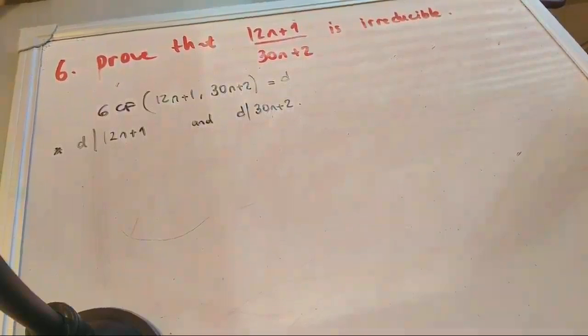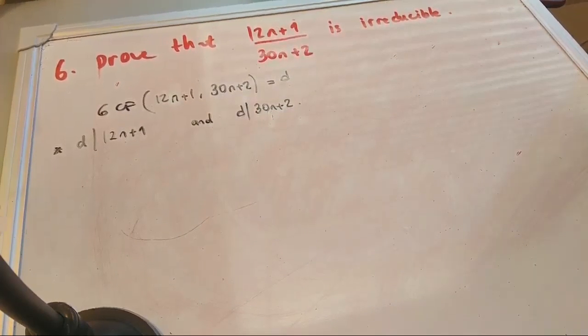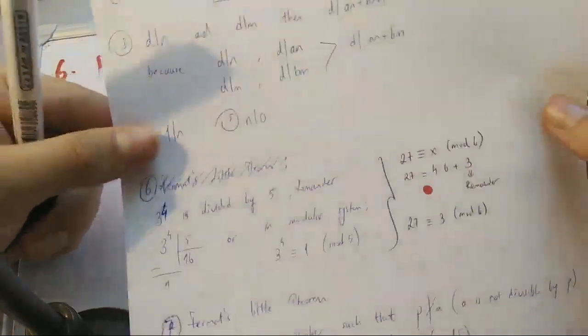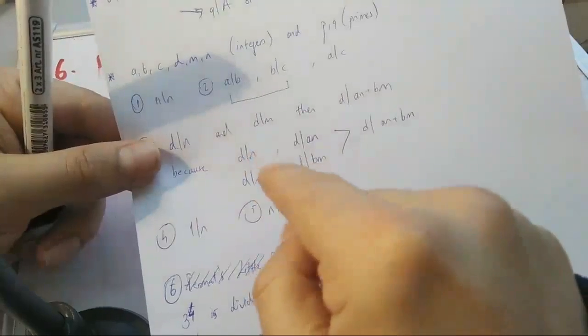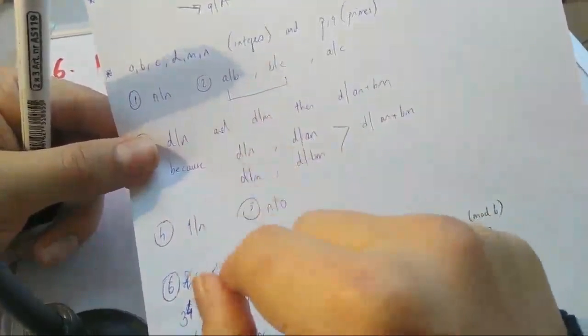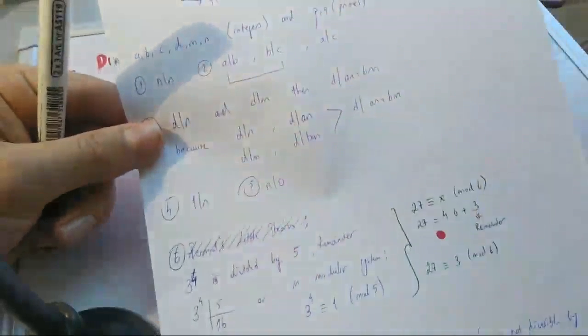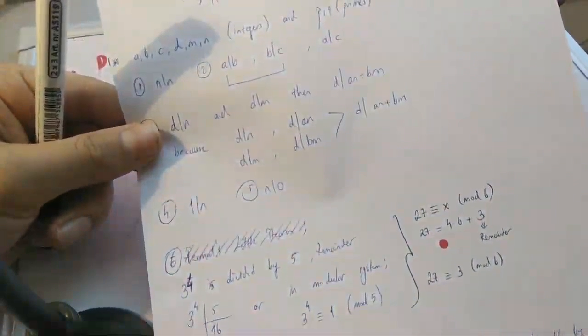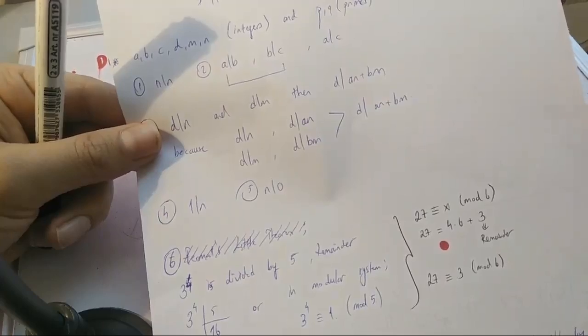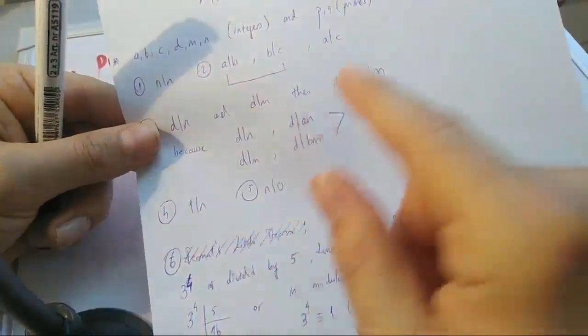And another property, also remember. If n is divisible by d, when we multiply n by a, an integer, an is also divisible by d.